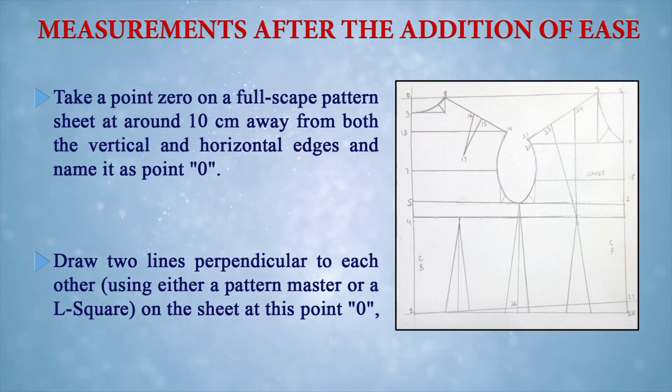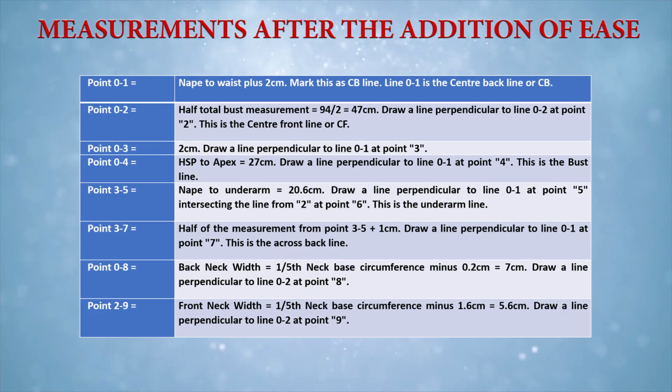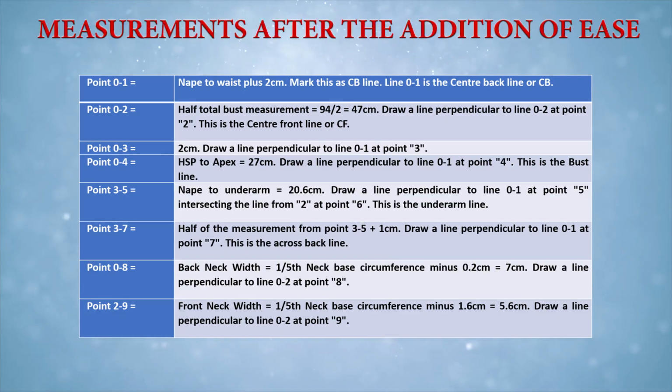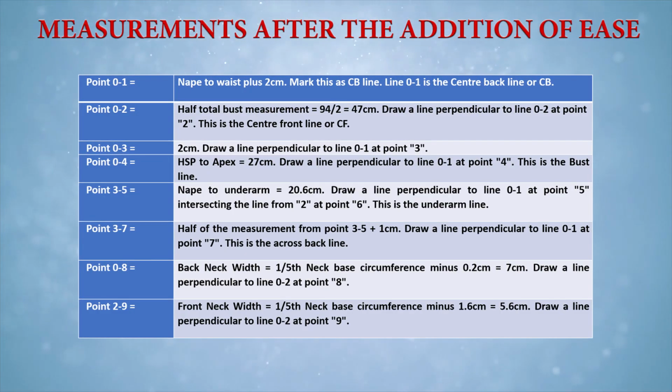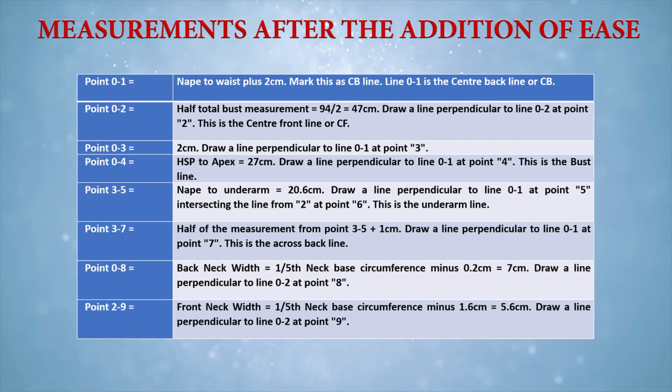You have to make a square or box on the pattern sheet, starting with point 0. Then you can follow the steps mentioned in your study material. Keep the diagram in front of you, this diagram. You can see the markings, points mentioned here, 0, 1, 2, 3. Following the steps, point 0 to 1 is nape to waist plus 2 centimeter.